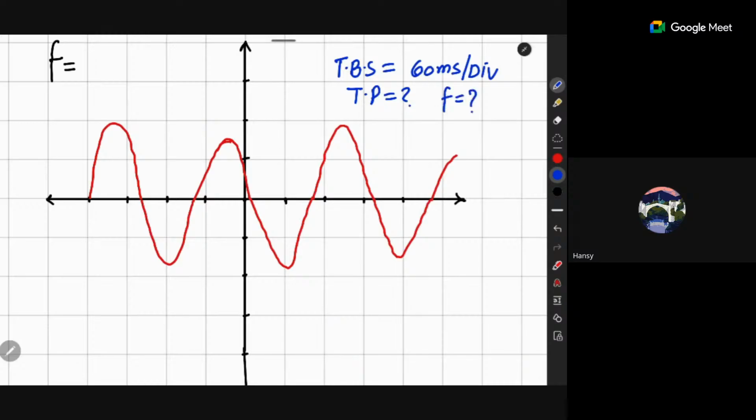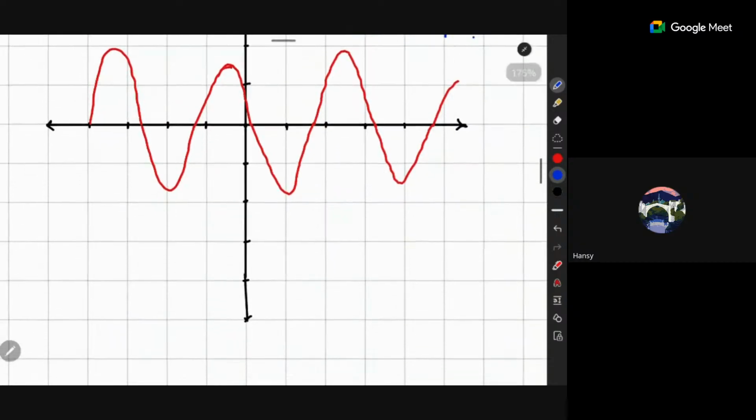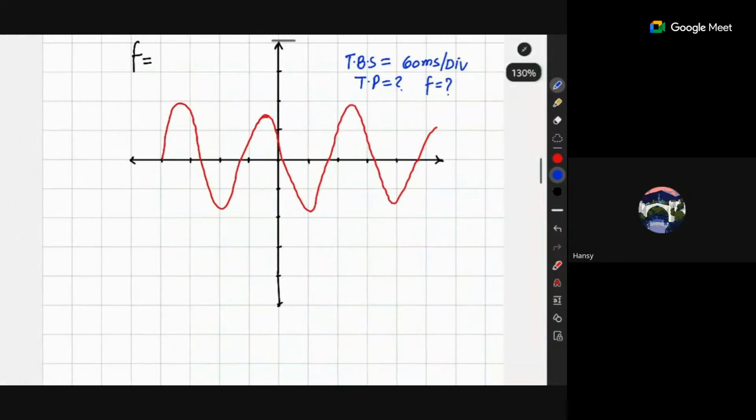So what will we do right here? It's quite an interesting wave because this wave is not symmetric. For example, this wave has started right from here. Once it is starting from here, you have different starting and ending points.